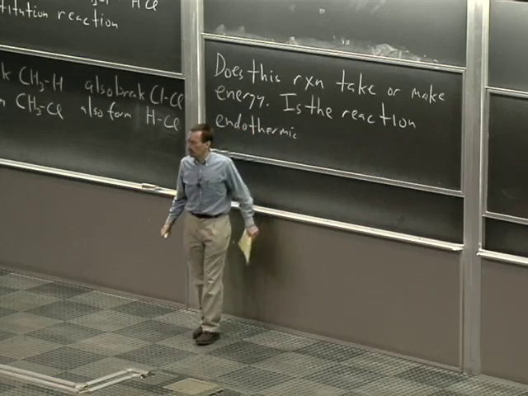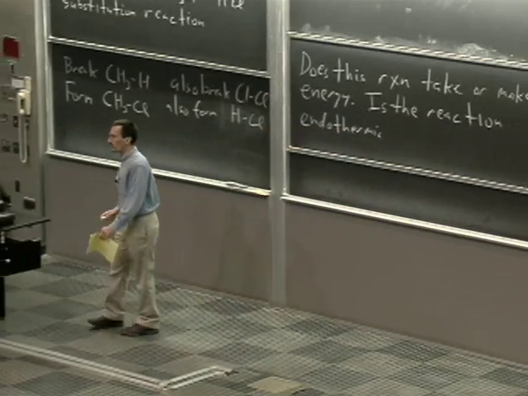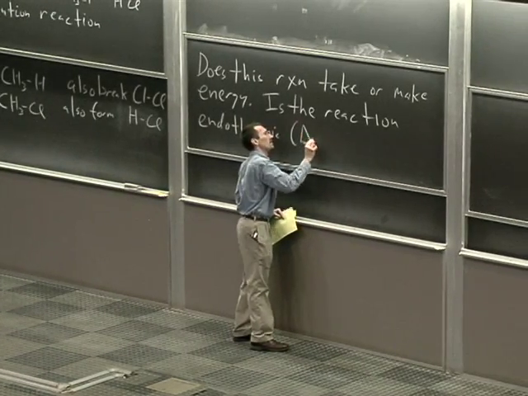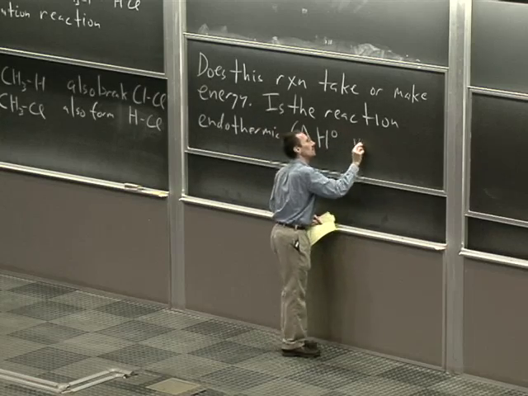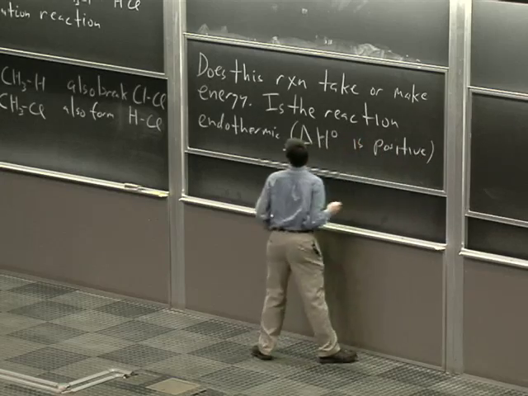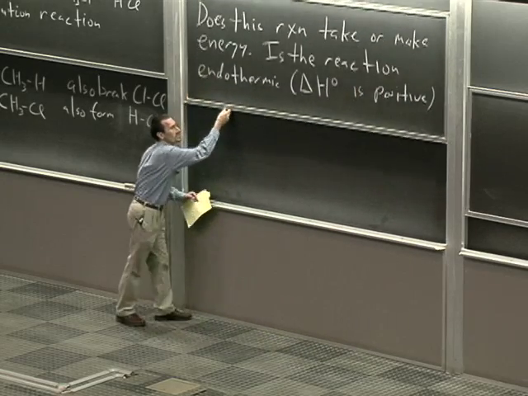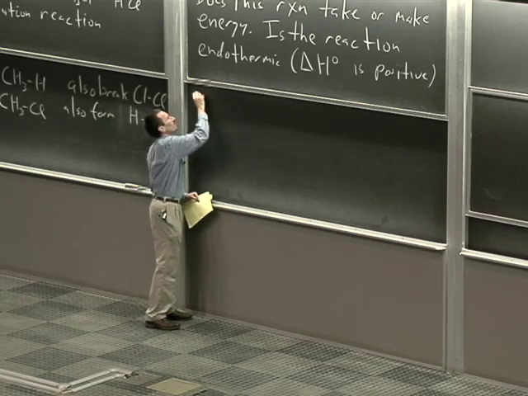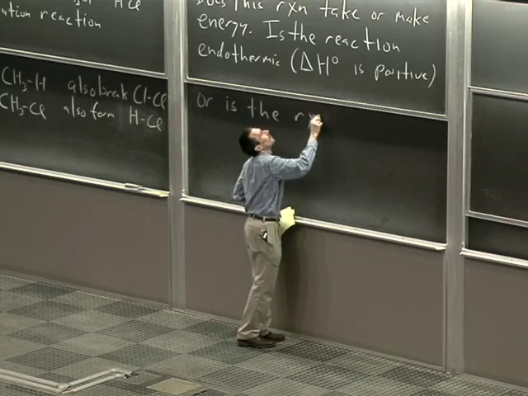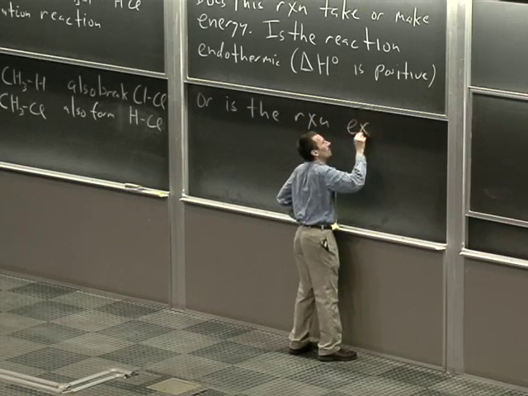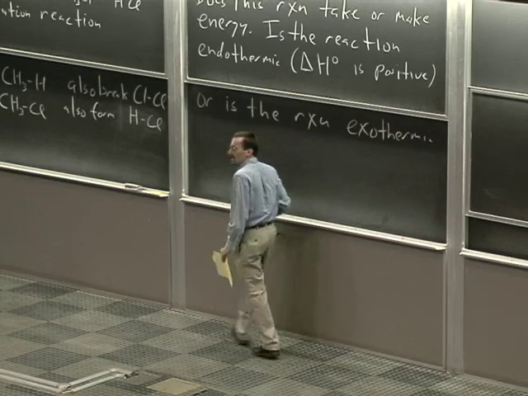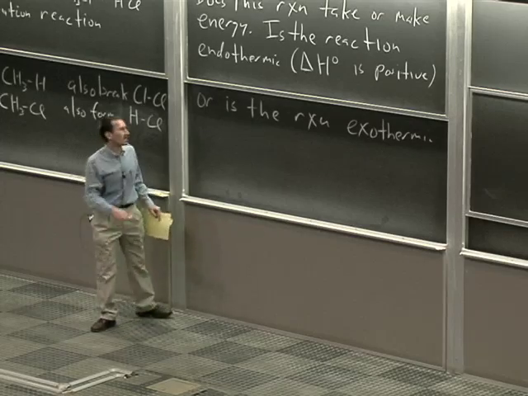Remember, an endothermic reaction is one in which the heat of reaction is positive. So I'll put parenthetically delta H naught is positive. Or is the reaction exothermic? And of course, that's delta H naught is negative.